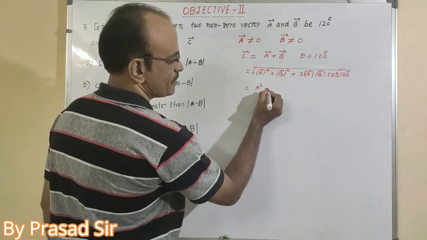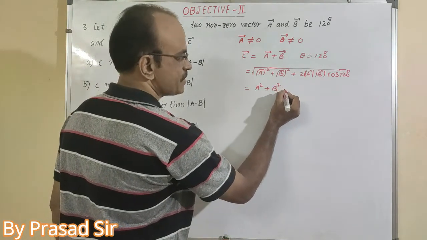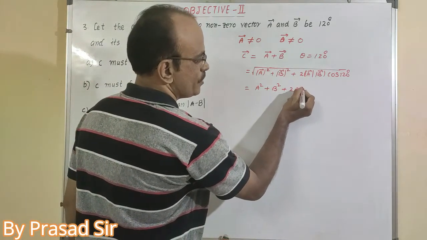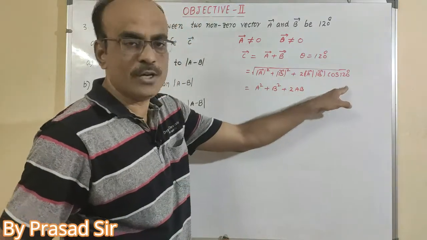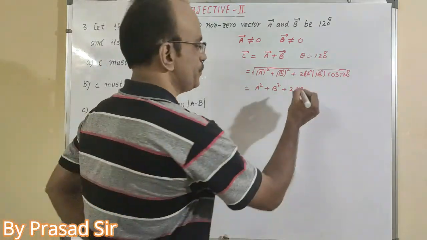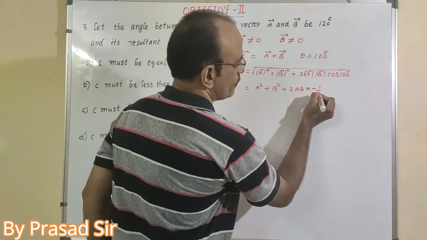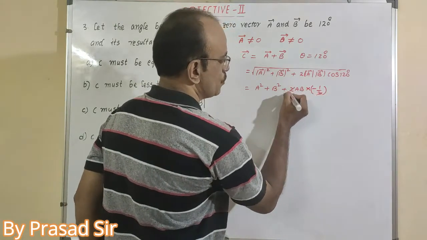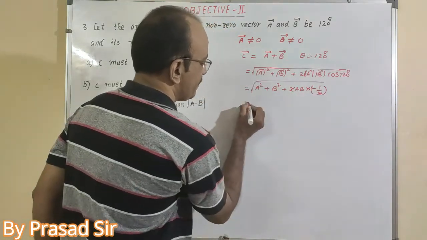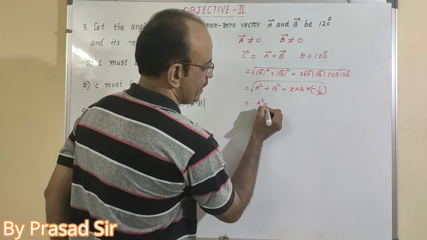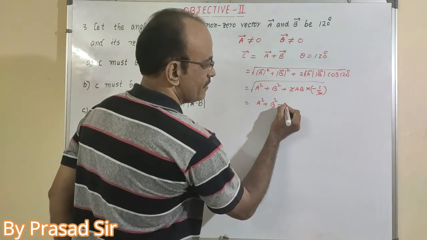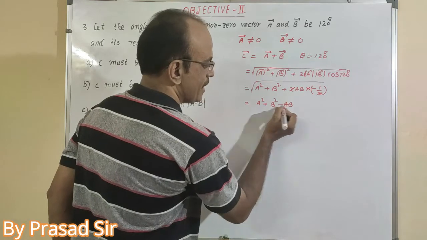Here A square plus B square plus 2AB into cos 120 degrees, how much? Minus 1 by 2. So into minus 1 by 2, the 2 gets cancelled. The remaining is A square plus B square minus AB.